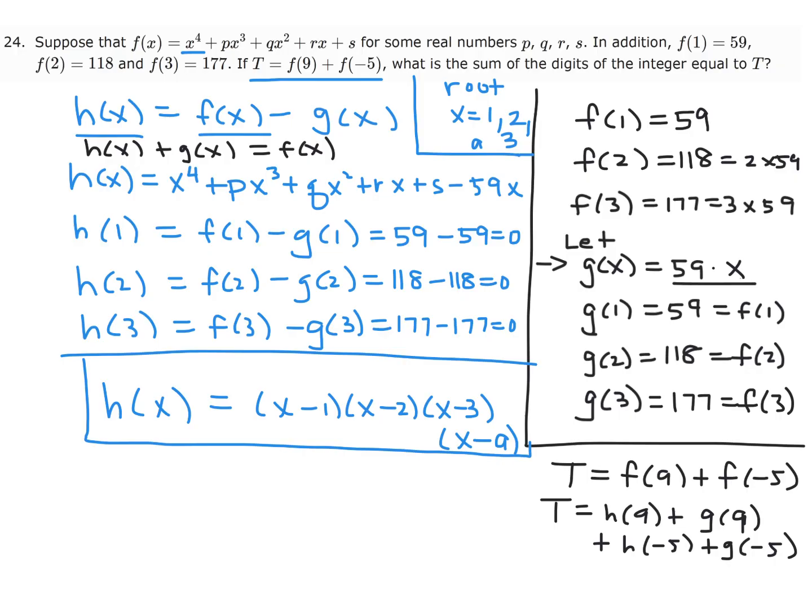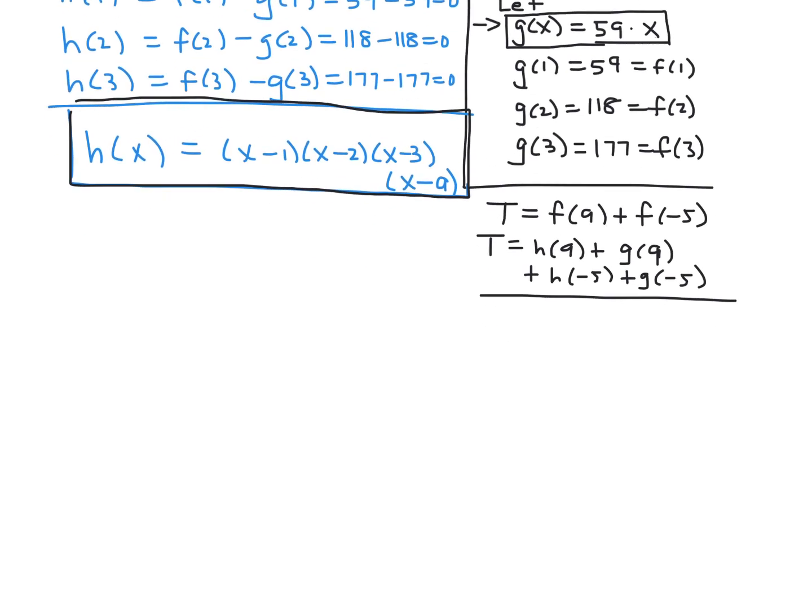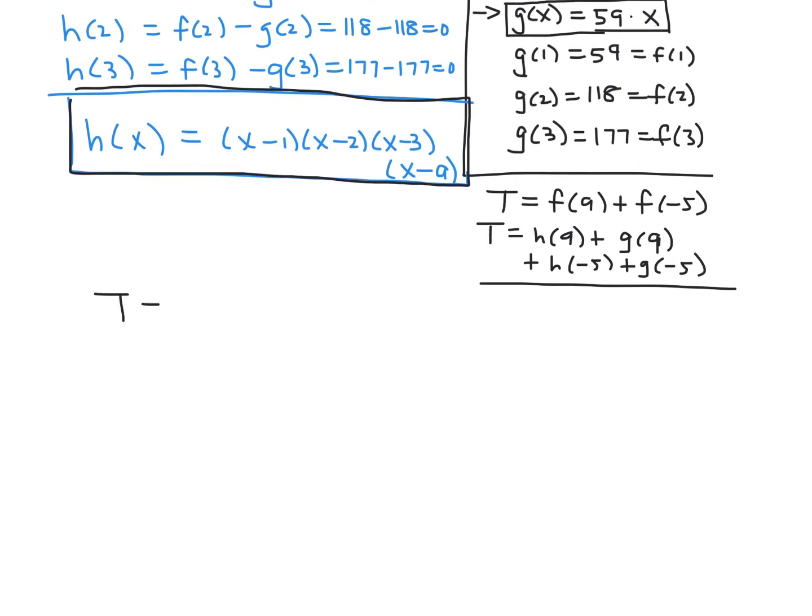Okay, I think that we got it. Well, we still have to calculate it, but I think because g at x is this guy right here, and h at x is here, this should not be a problem. So let's see what we get. So h at 9 would be 9 minus 1 times 9 minus 2 times 9 minus 3 times 9 minus a. g at 9 is 59 times 9.